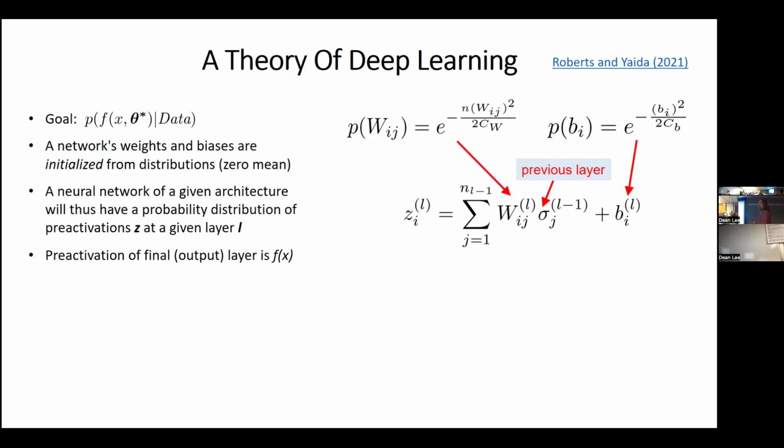All of this right now is before training. It's just when we're dealing with randomly setting up weights and biases. So for a given layer, you're going to have these outputs, these pre-activations Z, where we're summing over the matrix-multiplied input from the previous layer and a bias.